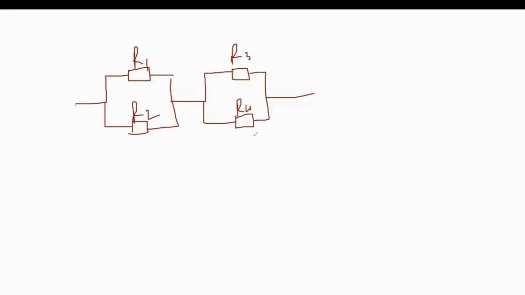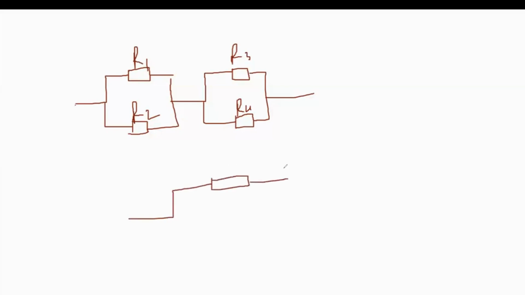They are also in series with each other. Very good. The combination of R1 and R2 is in series with the combination of R3 and R4. Yes? Okay. These are called complex circuits. Very easy to understand. You understood it very quickly.